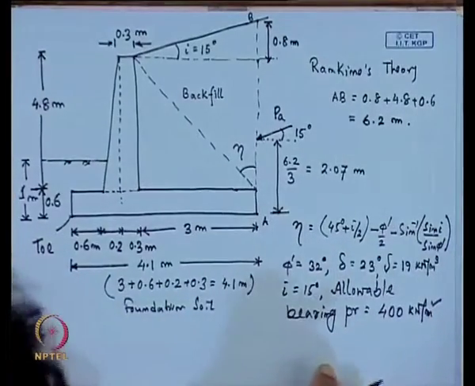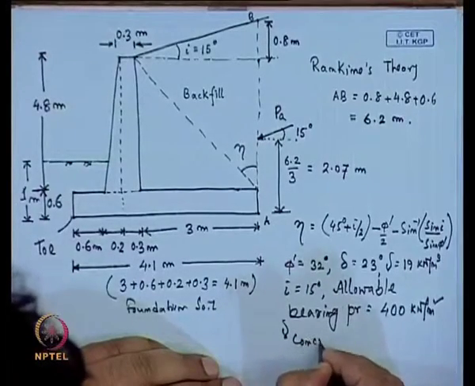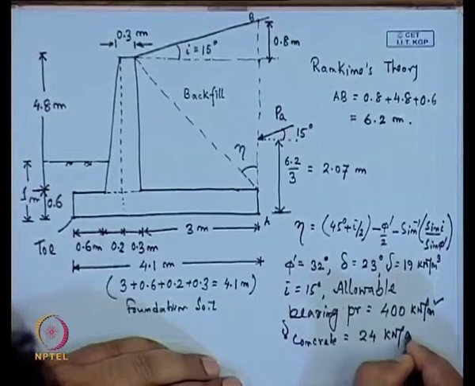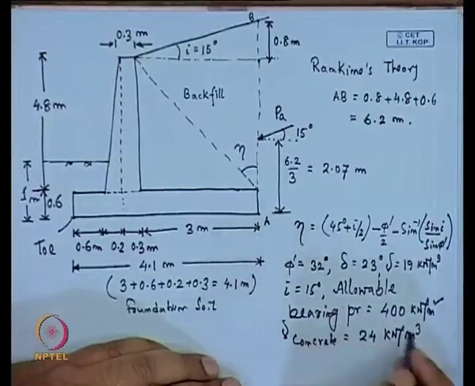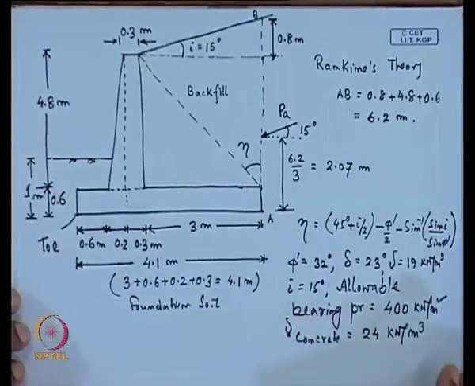So, now we have to solve this. Another, the unit weight of concrete is taken as 24 kilonewton per meter cube, and the unit weight of soil is taken as 19 kilonewton per meter cube.